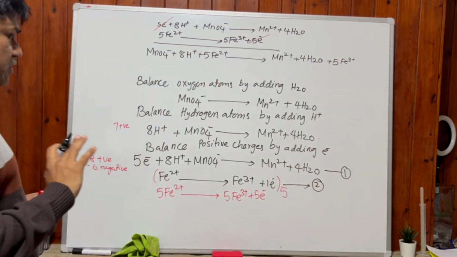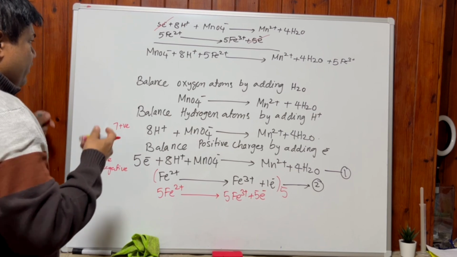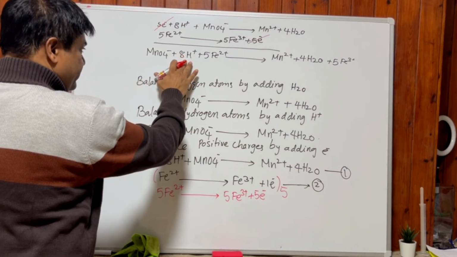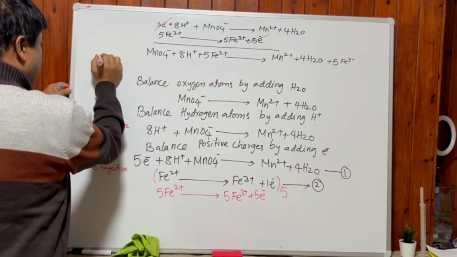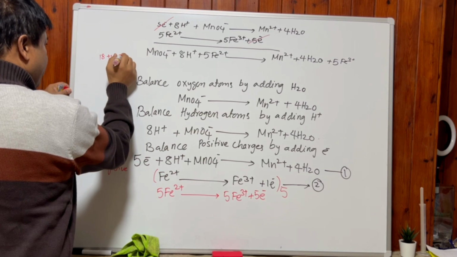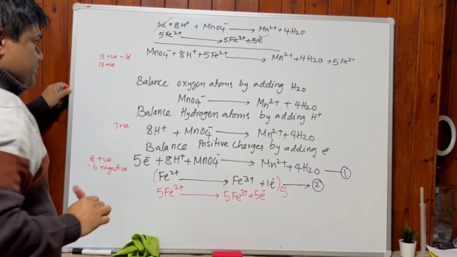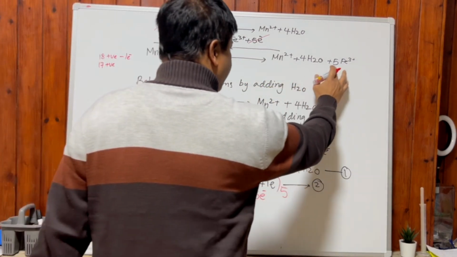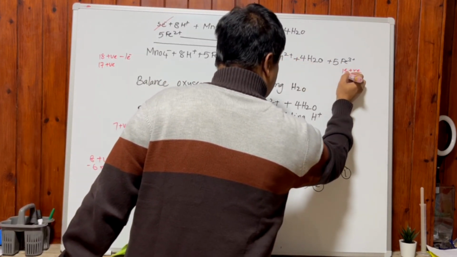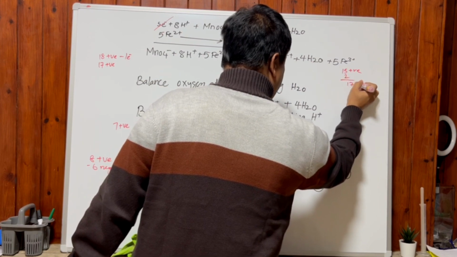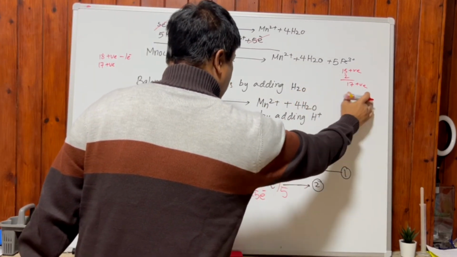Now let's see the charges on the left side and the right side. 8 positive, 5 times 2, 10. 8 plus 10, 18 positive. Take away 1 electron, 1 negative. So 17 positive on the left hand side. Check here: 5 times 3, 15 positive plus 2 positive, 17 positive charges. 17 positive charges on the left side, 17 positive charges on the right hand side.